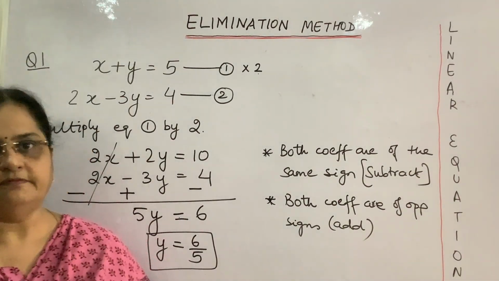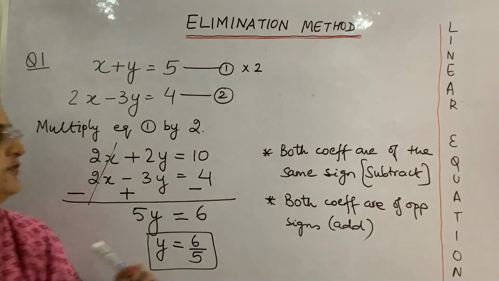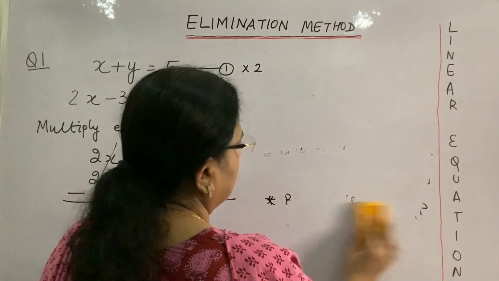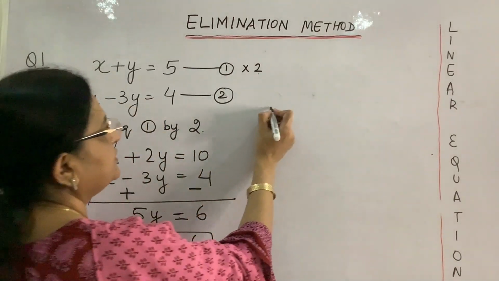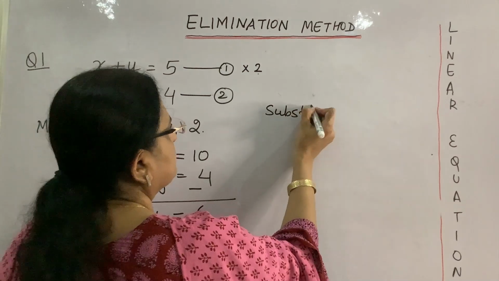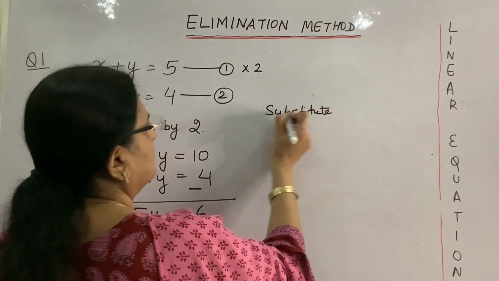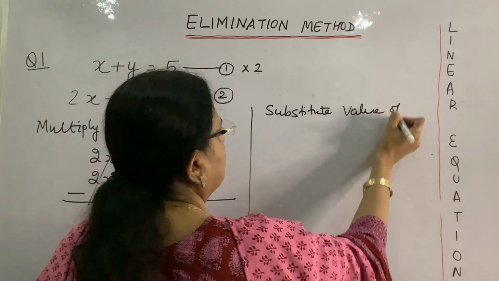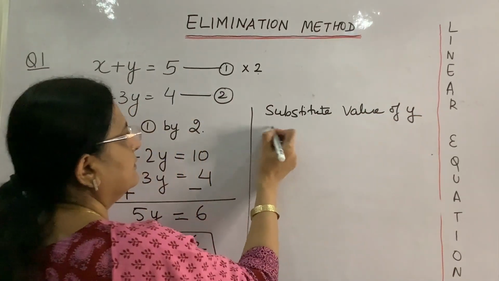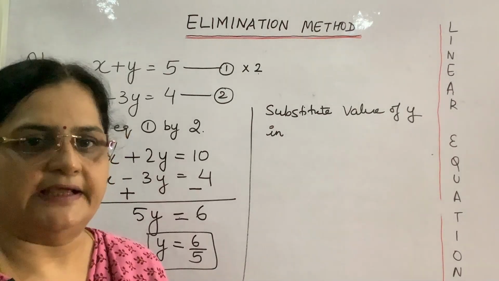Now how to find out the value of x? For finding out the value of the second variable, we substitute the value of y in which equation? Any equation you like.